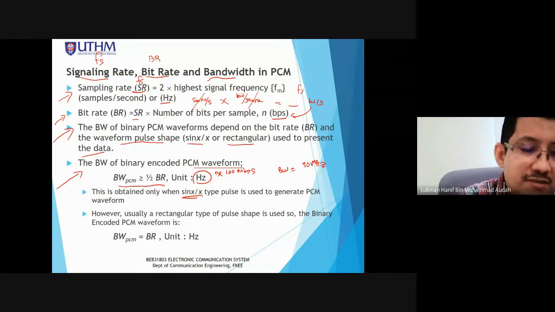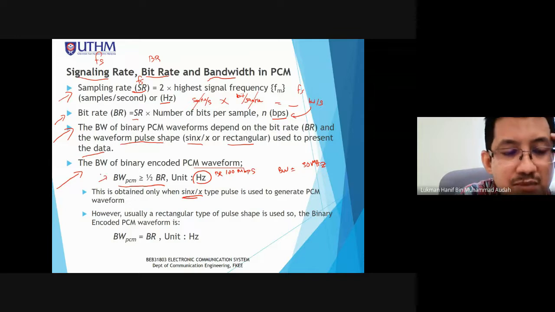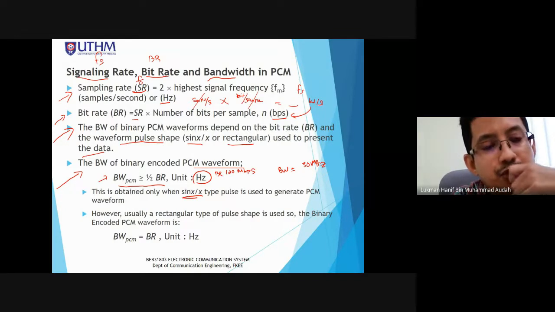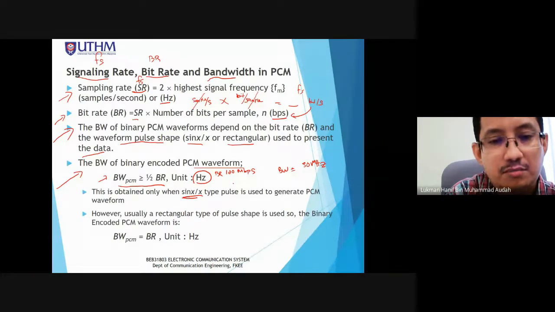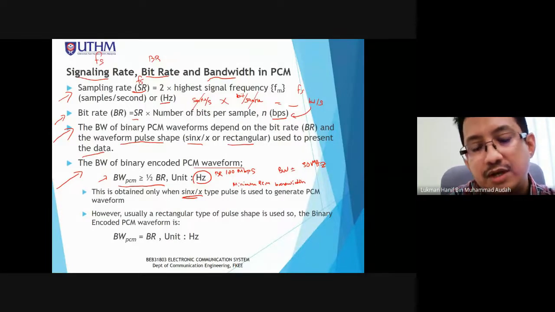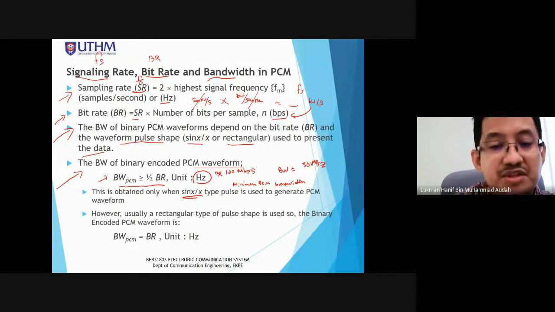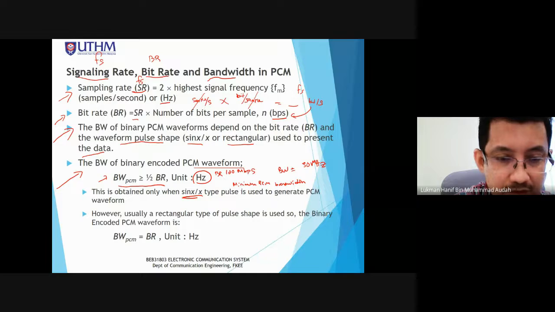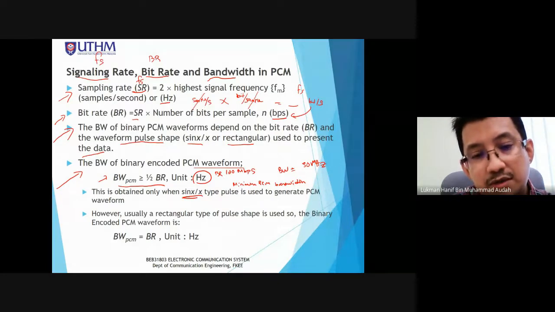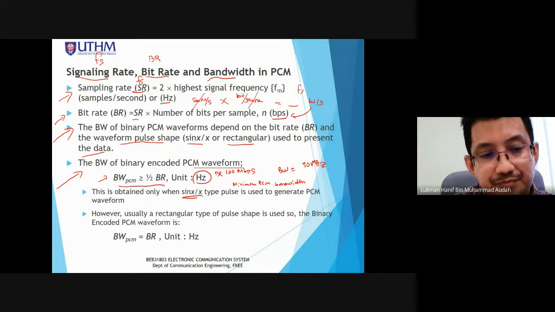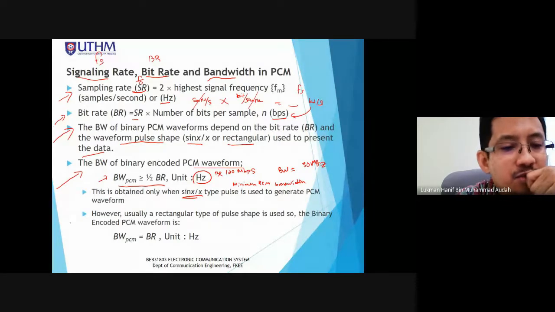Nampak? Dan bandwidth ini juga, kalau you baca dalam literature books, juga dipanggil sebagai minimum bandwidth. Dalam beberapa literature books, dia menggunakan istilah minimum PCM bandwidth. So, minimum PCM bandwidth adalah separuh daripada bit rate. Okay, and then what?